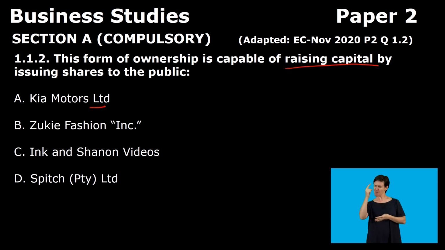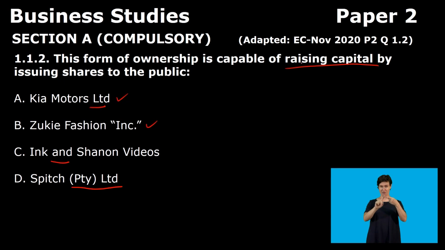You need to know the form of ownership here, that this is your public company, and then what is Inc. It's very important that you know what they stand for and which form of ownership they fall under. Remember, an invitation to the public to come buy shares is a prospectus. So which form of ownership does that? It's a public company. So 1.1.2, which one is the correct answer? Yes, well done. The answer is A.